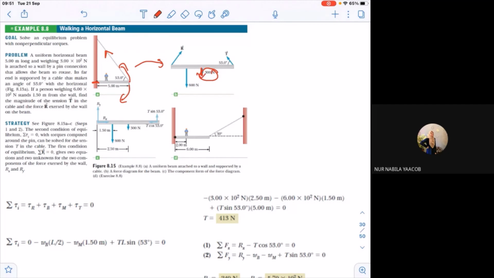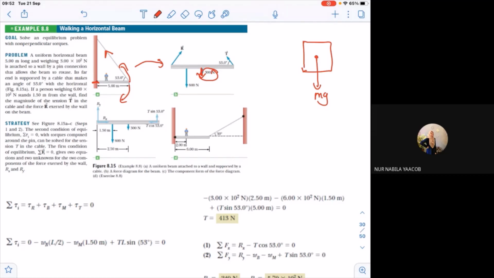Normally, weight, apa-apa pun, we must put it at the center. This is the weight. Macam tu kita letak. So every time we see plank, we see symmetrical objects, normally the center of the weight is actually from the center of the things, of the material. Duduk di tengah-tengah tu sebenarnya.